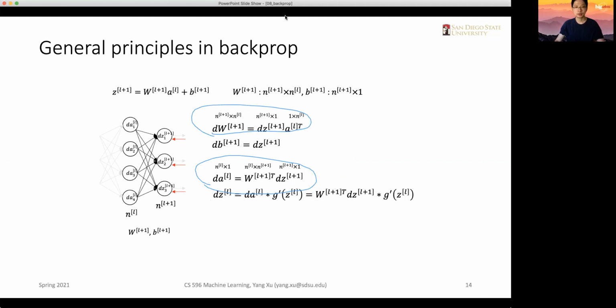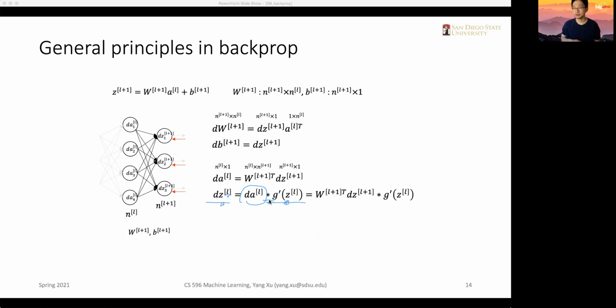Let's focus on the last gradient, which is DZ of the previous layer. Note that here the layer is L, not L plus 1, so we actually go one step further backward. It's basically DAL times the derivatives of the activation functions with ZL as the inputs.